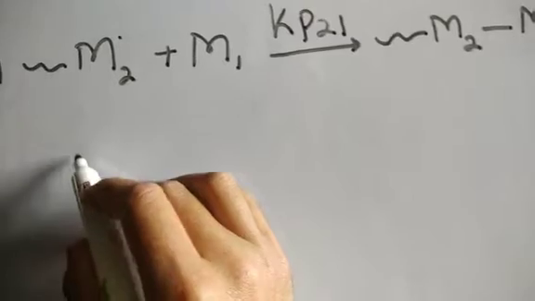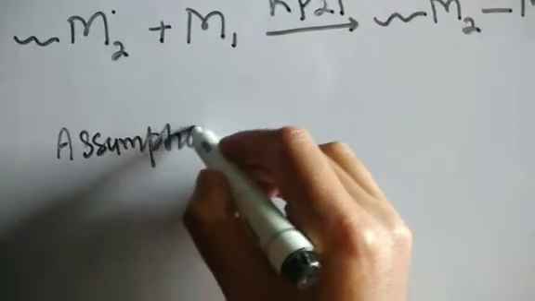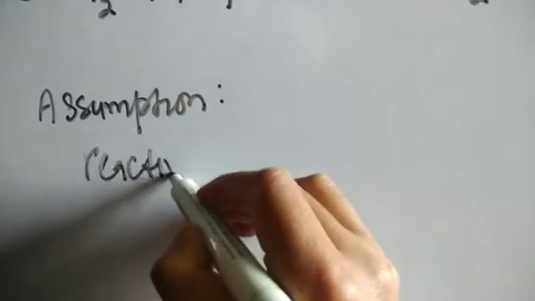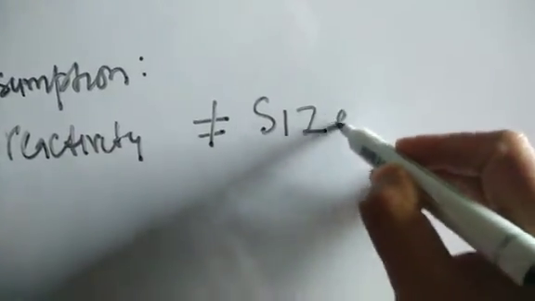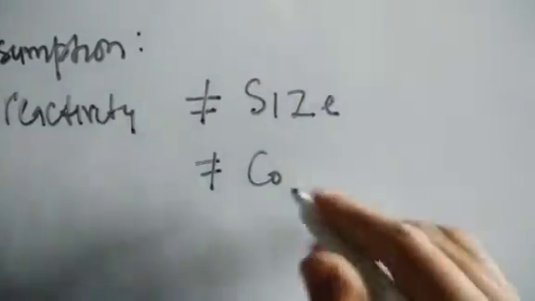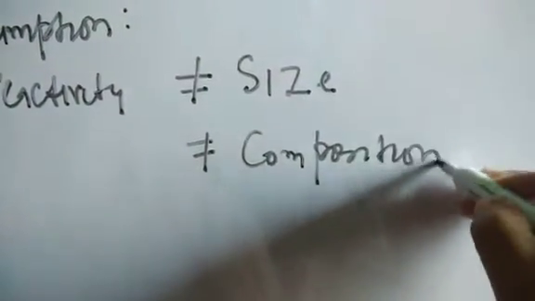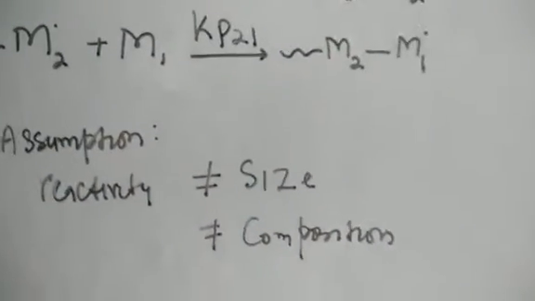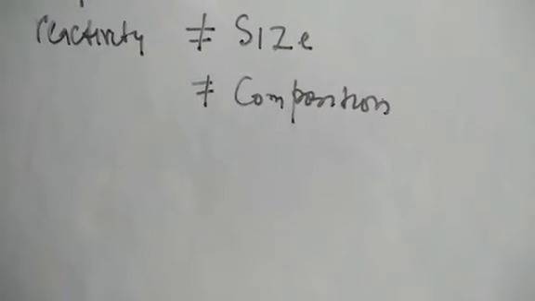So we make some assumptions that the reactivity of a particular radical does not depend on the size of the chain, that depends on the कंपोजिशन की, एक पॉलीमर चेन में किस तरह का कंपोजिशन फॉर्म हुआ, किस तरह का अरेंजमेंट है, कंपोजिशन ऑफ द पॉलीमर. नाउ व्हेन वी मेक दीज अरेंजमेंट्स, द कंपोजिशन ऑफ द चेन, उसके बाद नाउ व्हाट विल डू, वी विल स्टार्ट द रेट ऑफ द रिएक्शन.